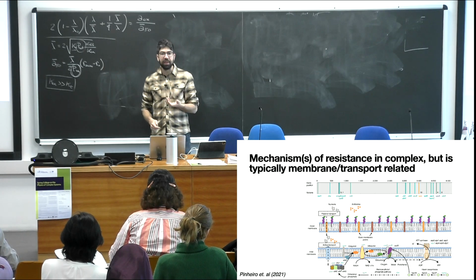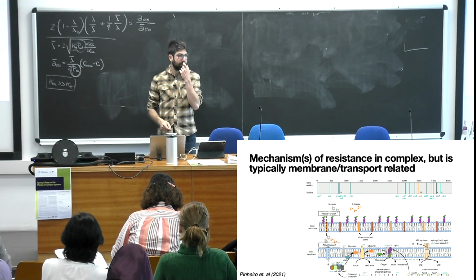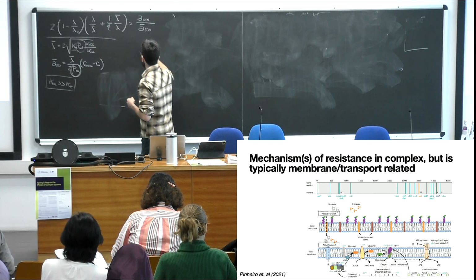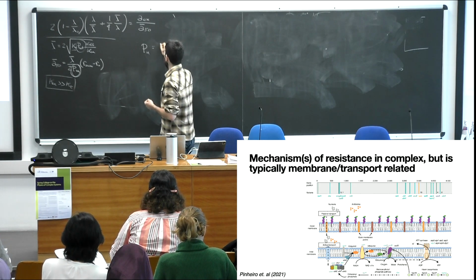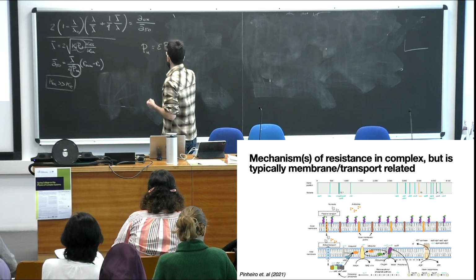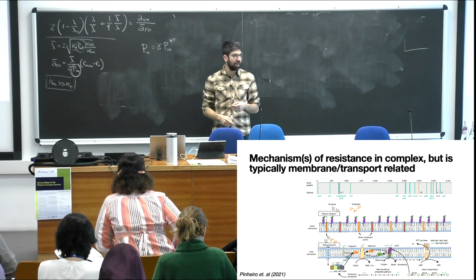So do you think it's better to have a higher P in or a lower P in? Lower P in. So what we're going to say is that P in of a mutant, okay, is going to be epsilon times P in of the wild type. Okay?